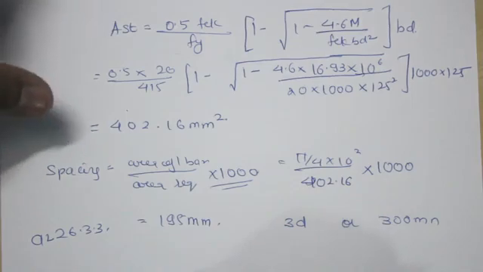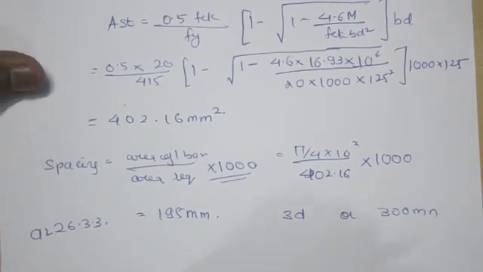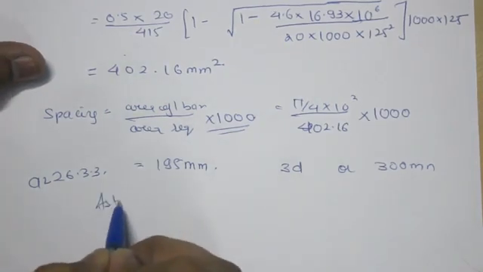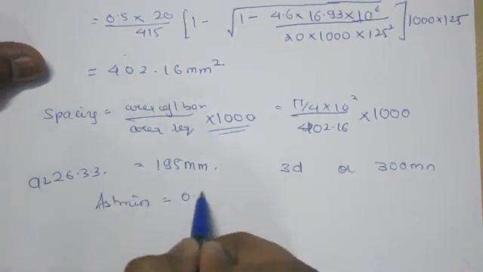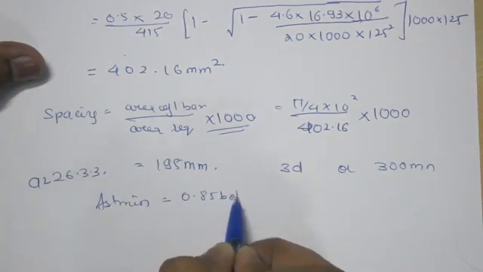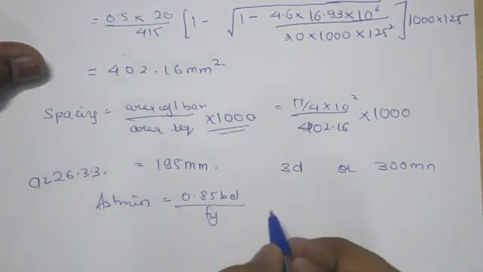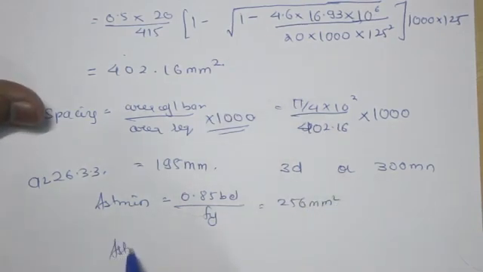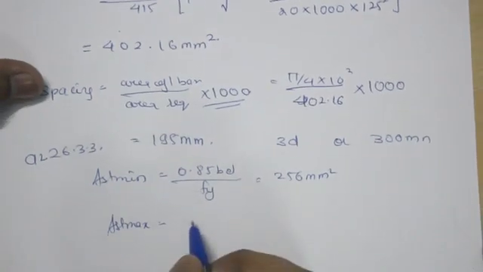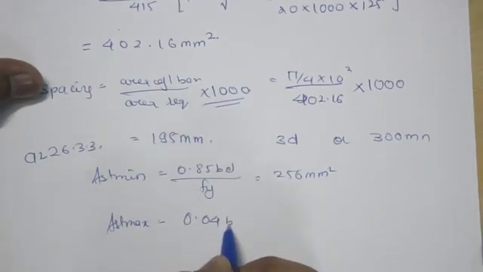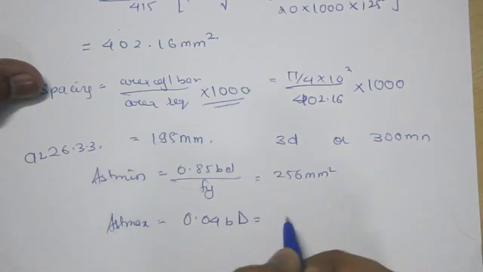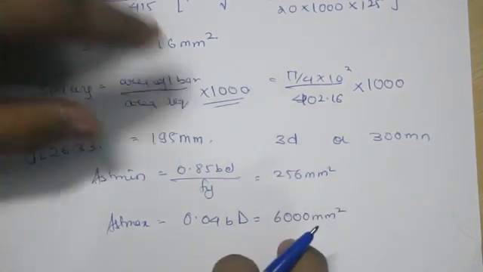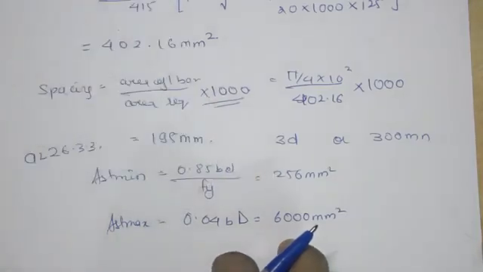Okay, so we also have to check for the minimum steel and maximum steel. Ast minimum is 0.85 b d over fy, so that is 256 mm square, and Ast maximum is 0.04 b into capital D, which is the overall depth, that is 6000 mm square, and our calculated value is in between these two values, that is 402 mm square.